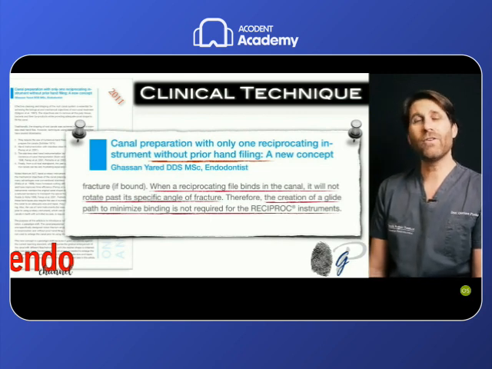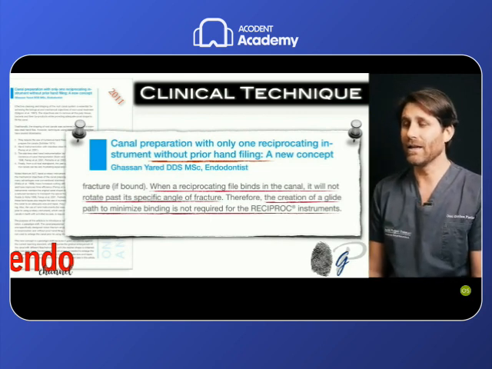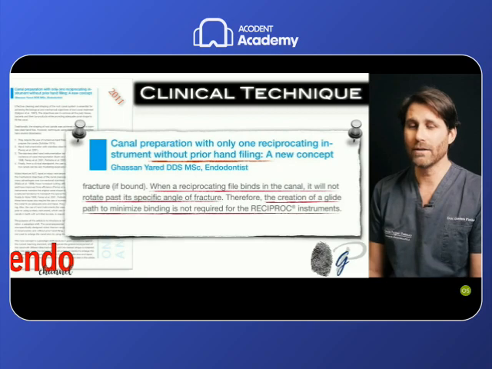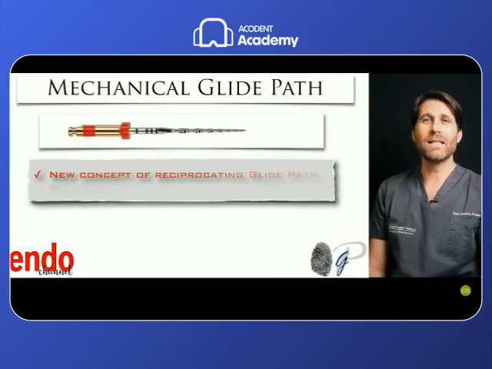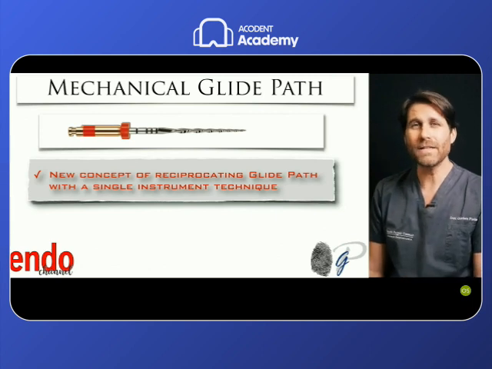So the creation of a glide path to minimize binding in these cases is not required. And this concept of mechanical glide path has been demonstrated very successful with this reciprocating file.